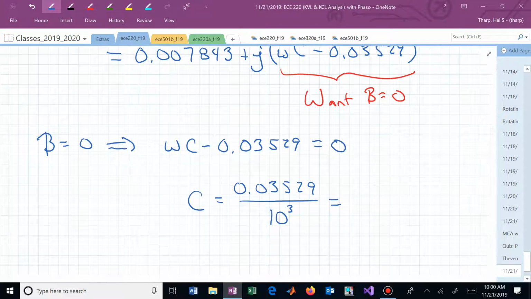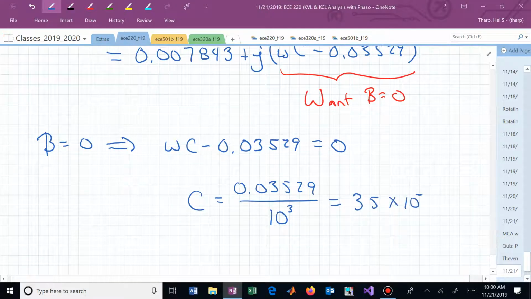And this now becomes, moving my decimal place over 3 steps to the right upstairs, I get a 10 to the minus 3. I get another 10 to the minus 3 by dividing by 1,000. I now have 35 microfarads for that capacitor.